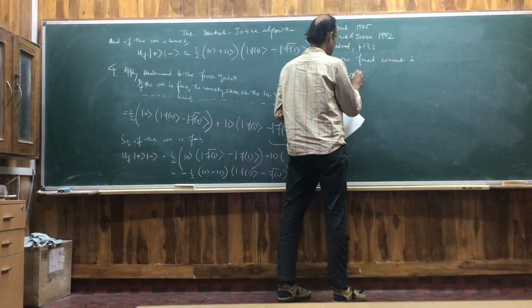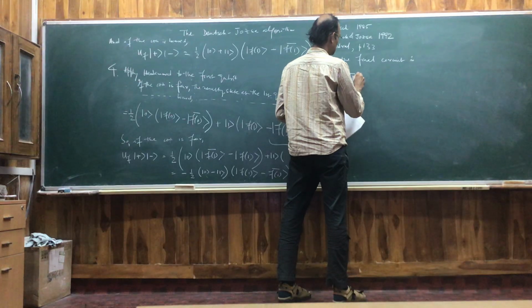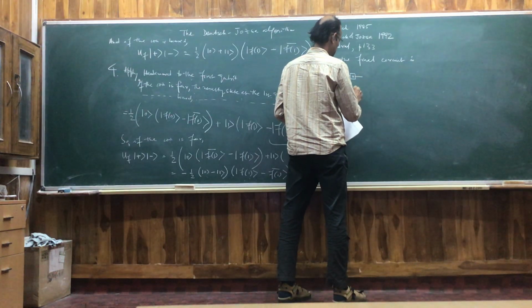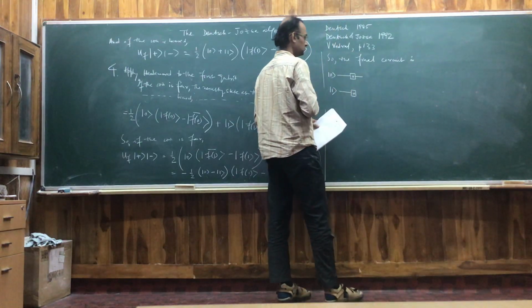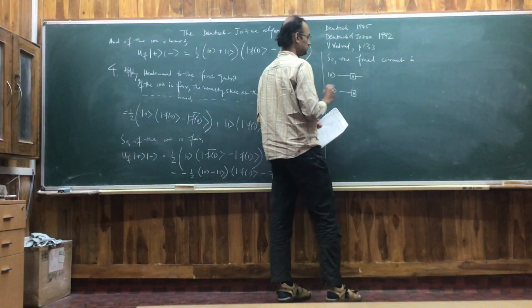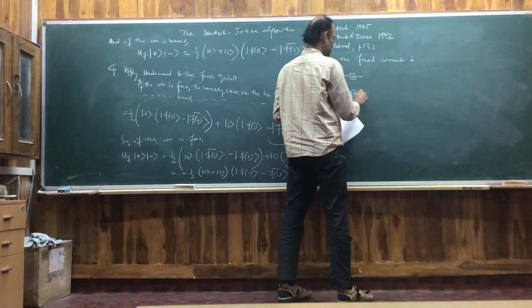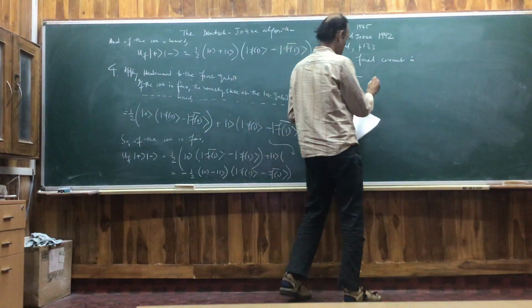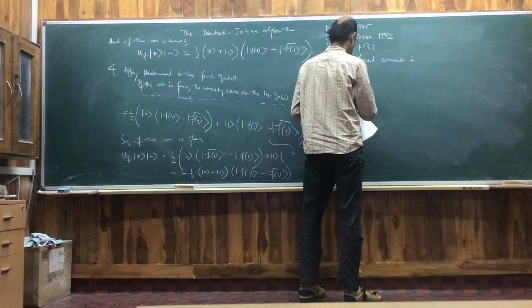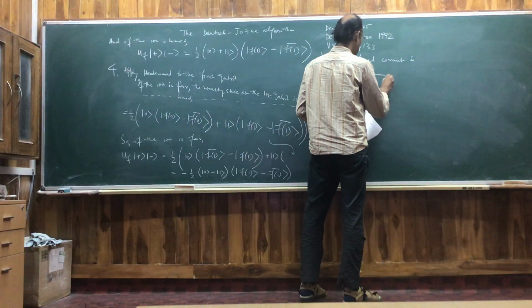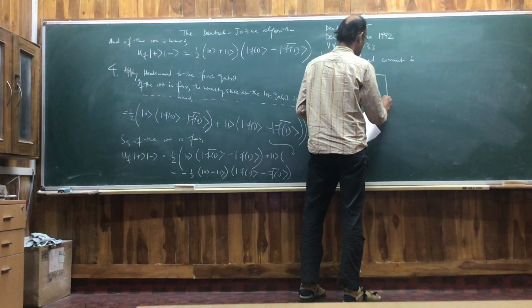We apply Hadamard gates on both. This was the second step. And the third step, we apply the UF.